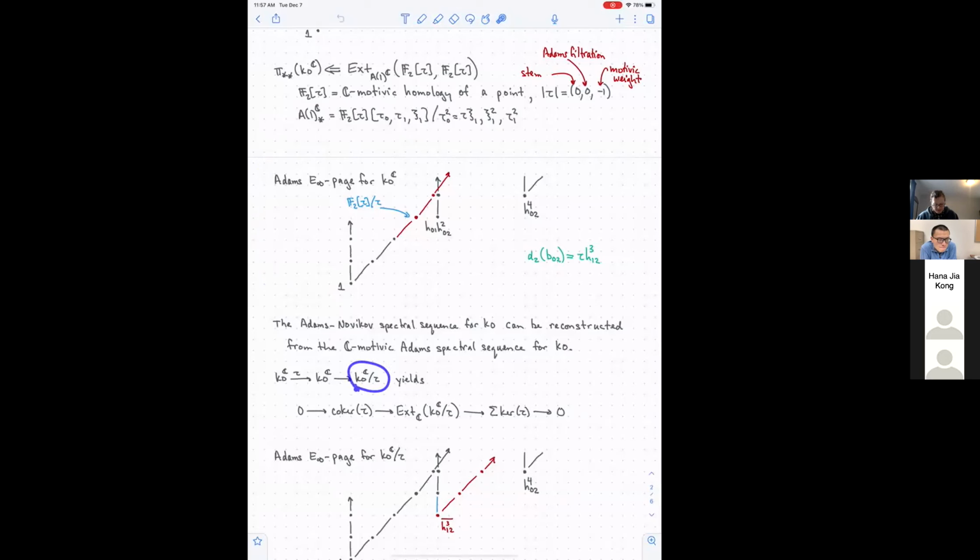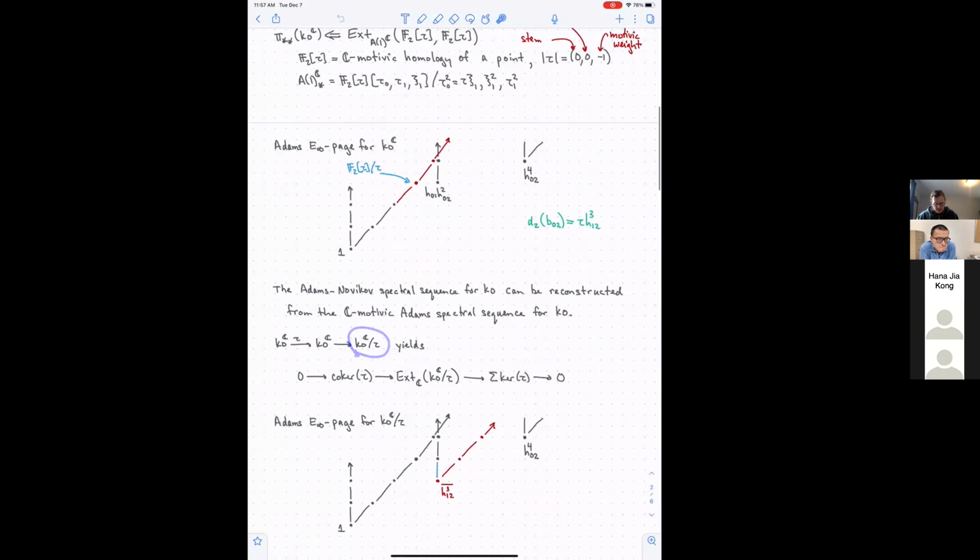If I consider C-motivic KO mod tau, then this cofiber sequence will give me a long exact sequence in Ext groups that'll look something like this. You'll have the kernel of tau on one side, the cokernel of tau on the other side, and they'll assemble into a copy of C-motivic Ext for KO mod tau.